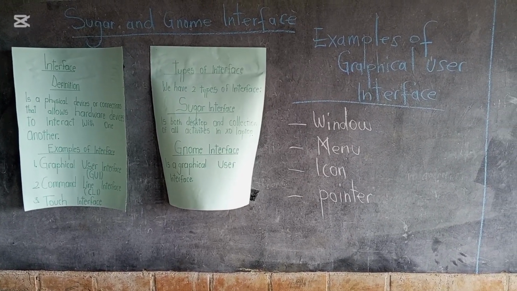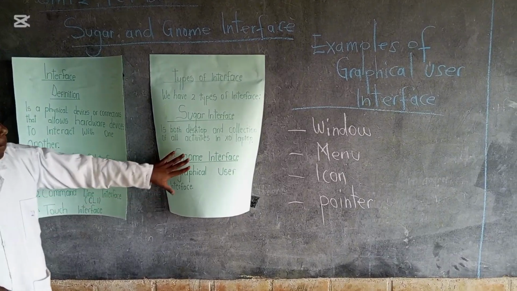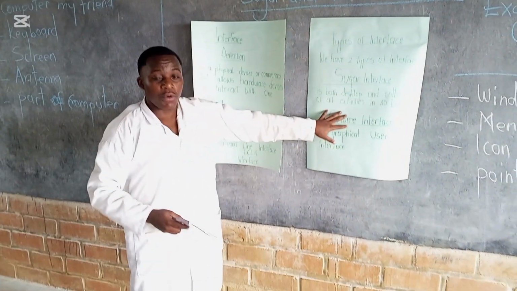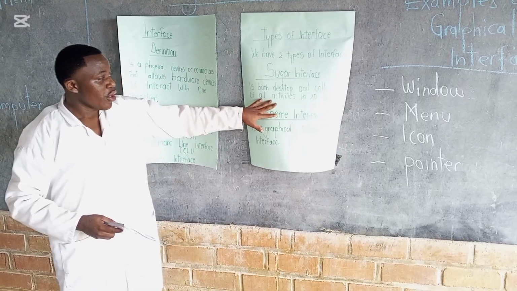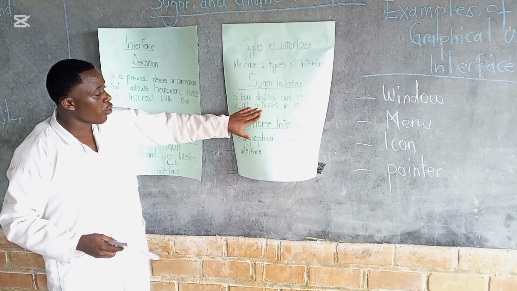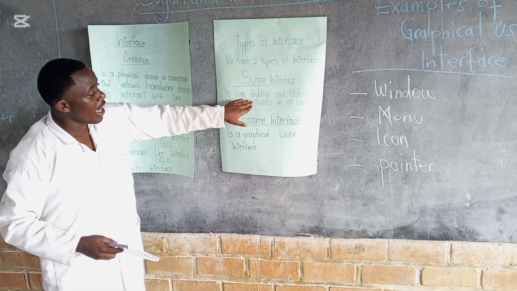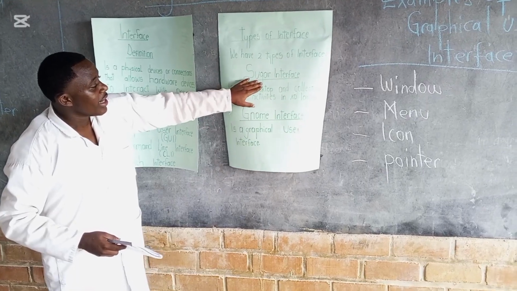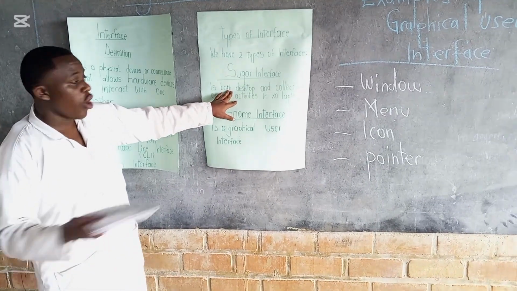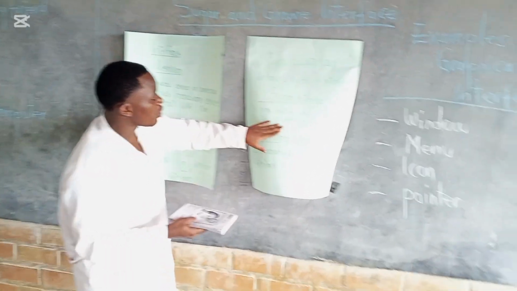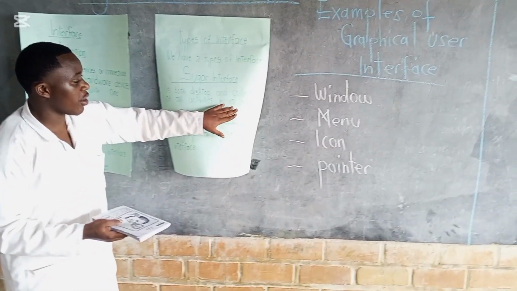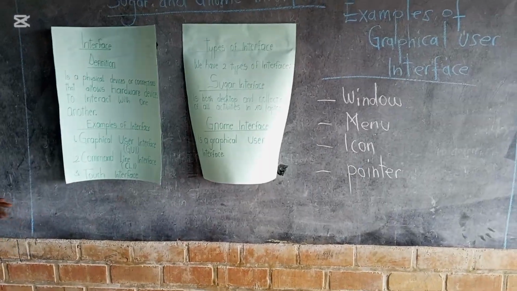For example, you use a painter as an icon. All the activities you have done, when you want to find them, you can go on sugar interface and you see all the activities you have done.